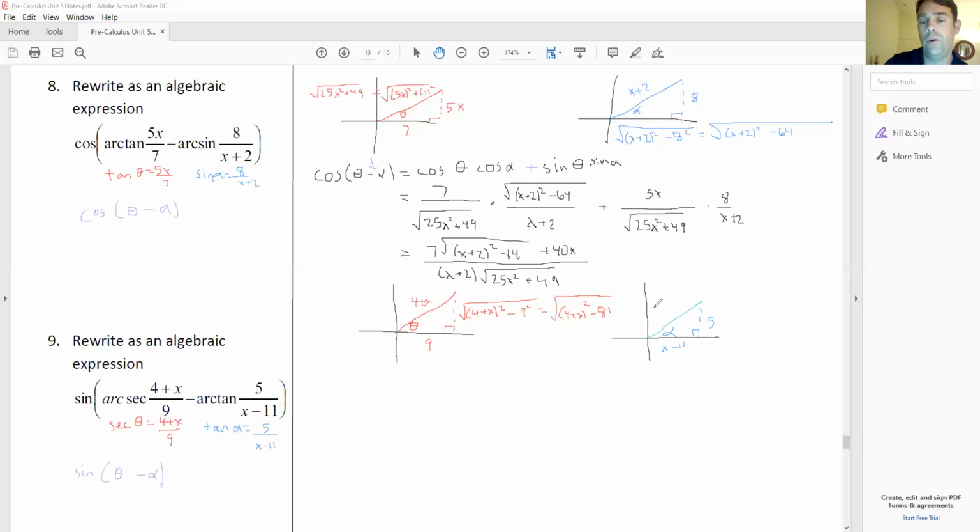So that means this one right here is going to be 5 squared plus x minus 11 squared, which is the same thing as 25 plus x minus 11 squared.